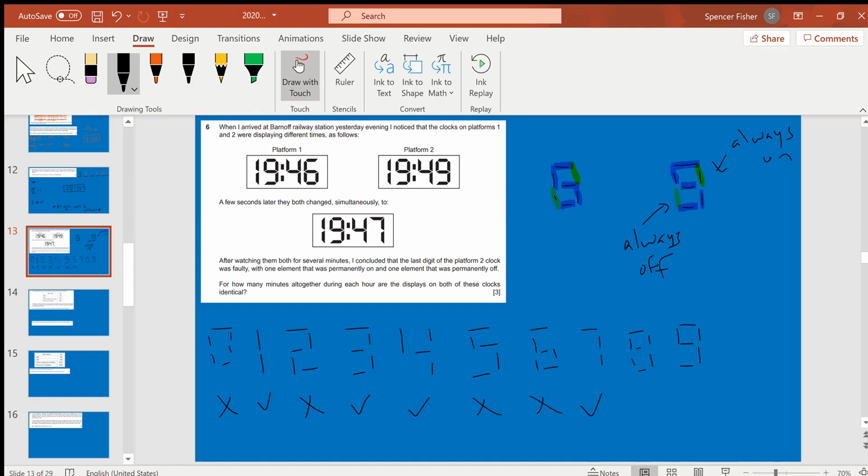On, off, on, off. So altogether, that's 1, 2, 3, 4, 5 times out of the 10 possibilities, right? Because 1, 2, 3, 4, 5, 6, 7, 8, 9, 10. There's 10 possible digits that can be in that last place, which means 5 out of 10 are correct, which means 30 minutes is going to be your answer.